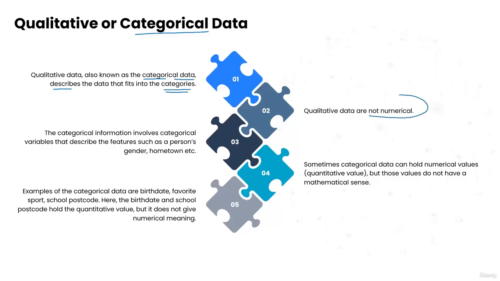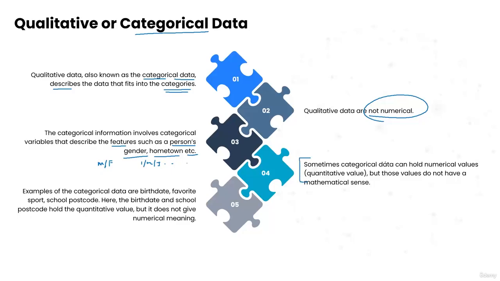Qualitative data are not numerical, of course. Categorical information involves categorical variables that describe features such as a person's gender, hometown, etc. Gender could be male, female, hometown could be any country, Indonesia, Malaysia, Japan, whatever it is. These are all your categorical or qualitative data.